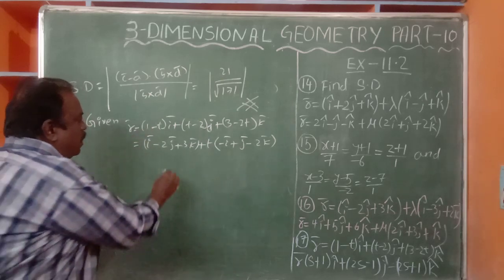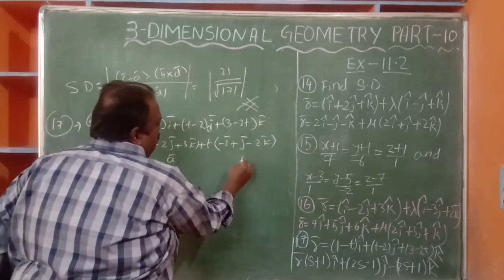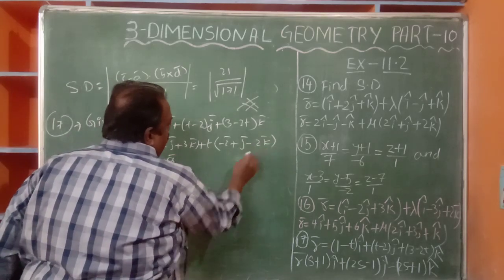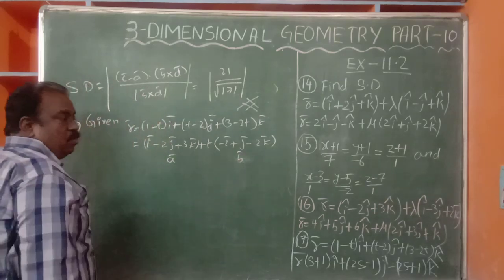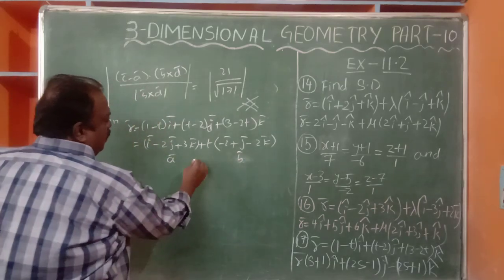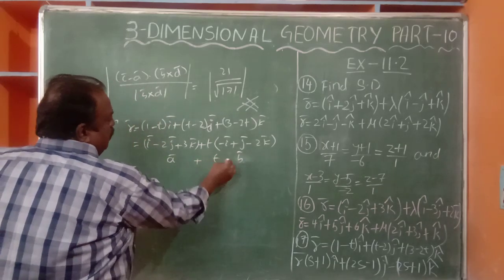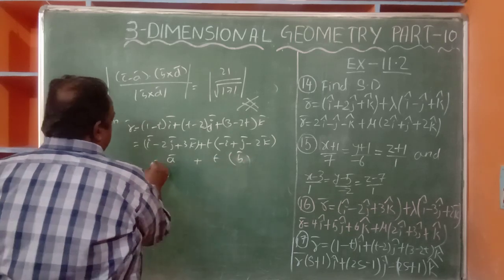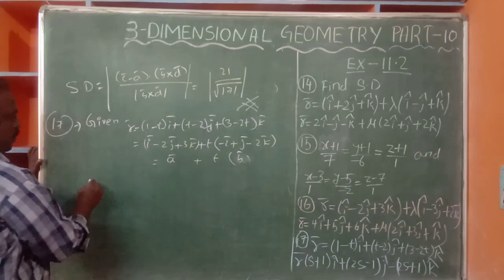Now this is A bar, and this is B bar. A bar plus t B bar is the vector equation of a line.